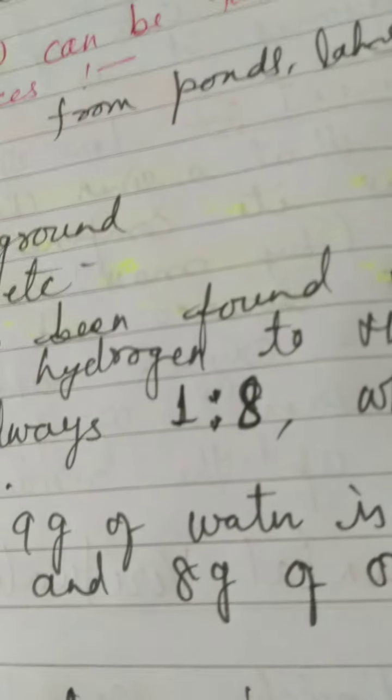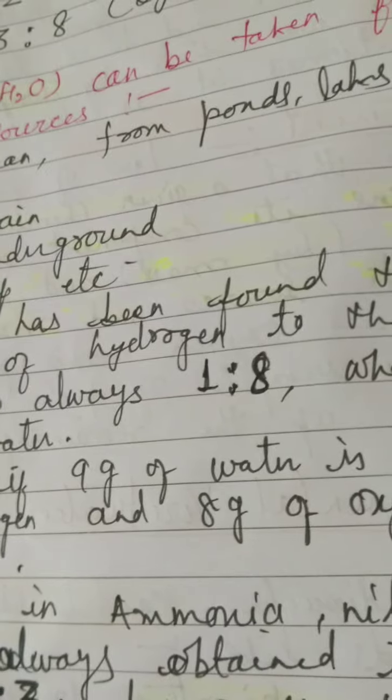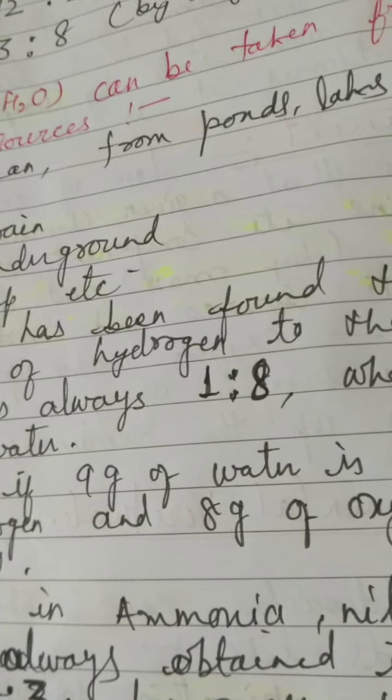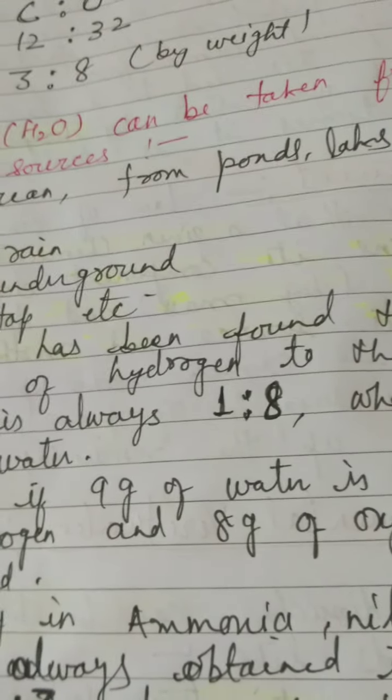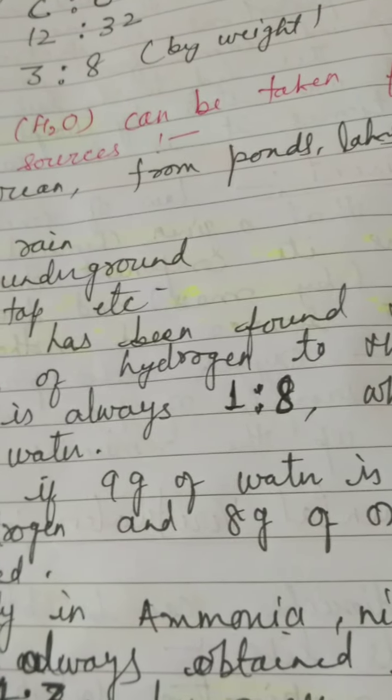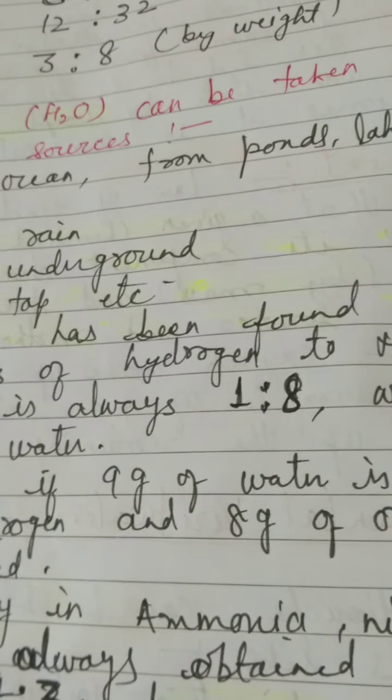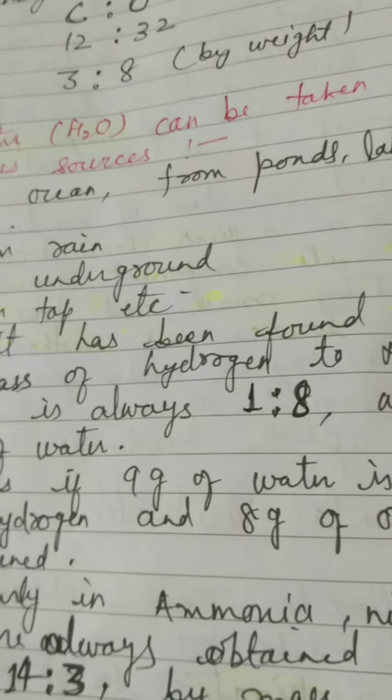So are you getting it? I have tried to explain it in different ways, going a little advanced in the topic, because the concept of atomic mass has not been introduced yet, but just to fix the concept in your mind as to why it happens.